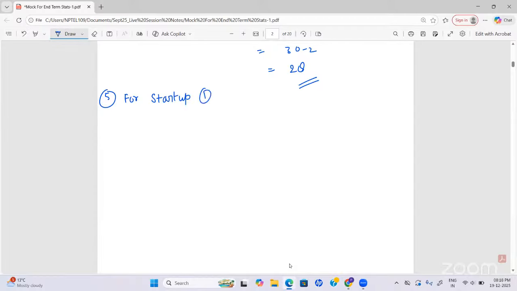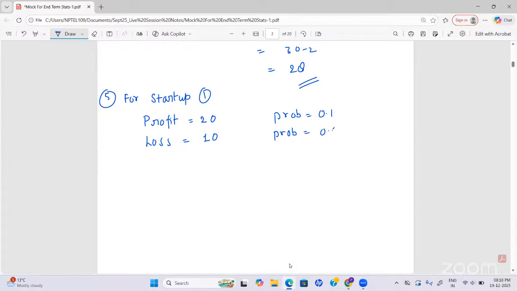For startup number 1, the profit is 20 lakhs, with probability 0.1 of success and 0.9 of failure, where the loss is 10.